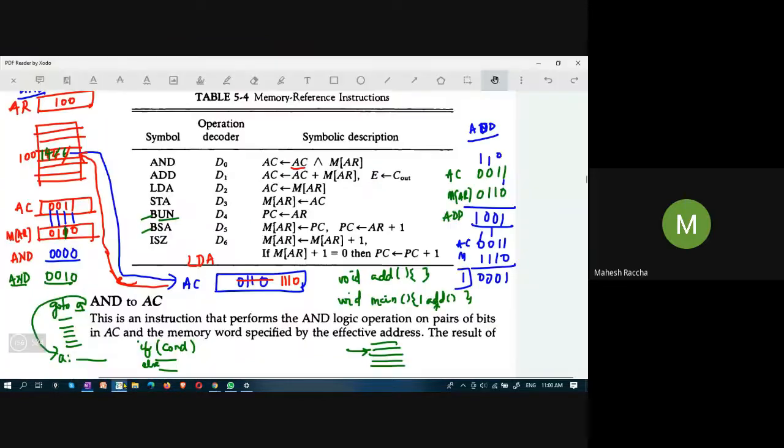Okay. In this ISZ, increment and skip if 0, in memory there is some number. If that number you are incrementing turns out to be 0, then you are incrementing the PC value, means you are skipping one instruction.